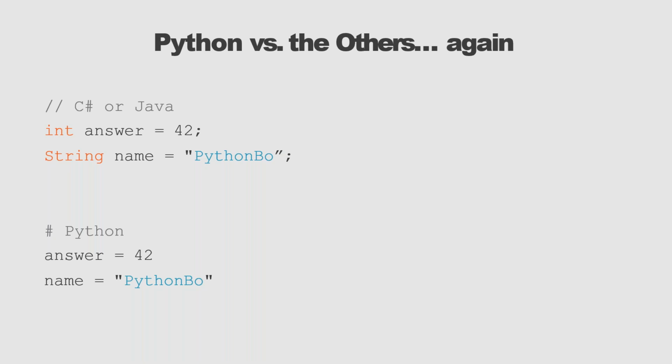This can sometimes become overwork, but in Python you don't need to worry about it. Whatever answer is equal to 42, name is equal to whatever, automatically it will understand whether it's an integer or a string. Are you able to understand Java versus Python? Strongly typed versus loosely typed. Yes, sir.